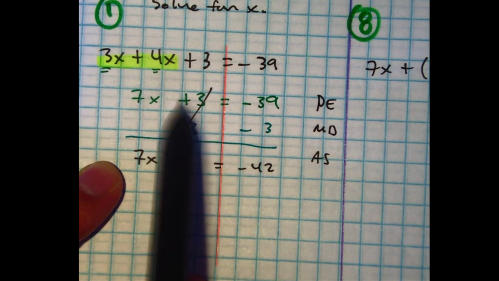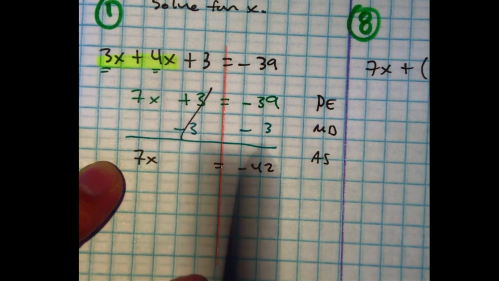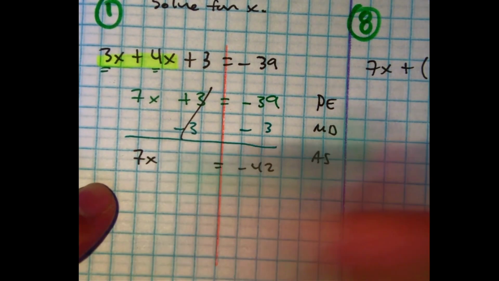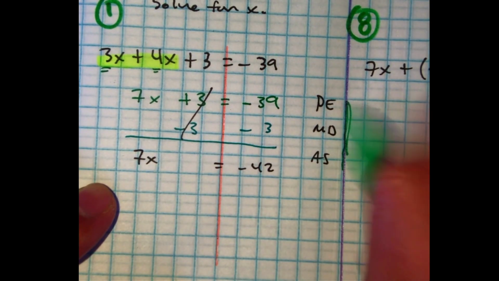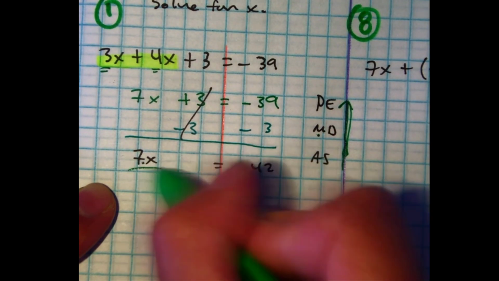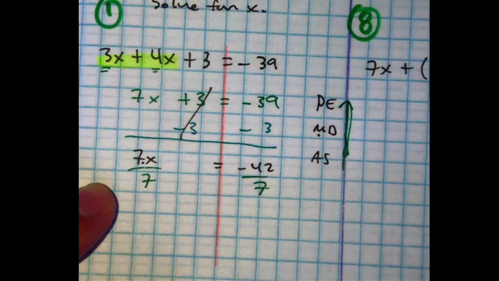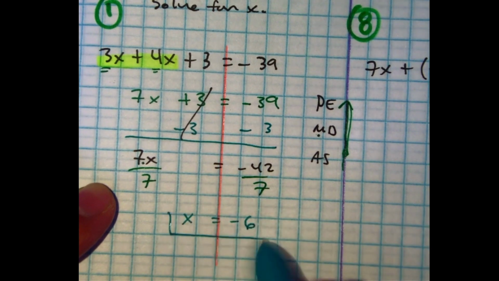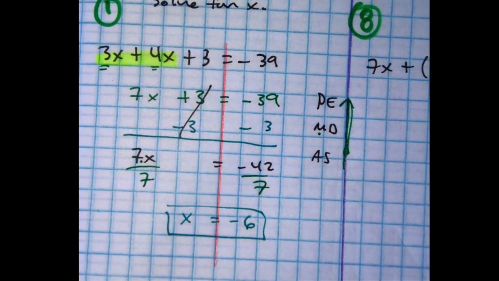And then the adding and subtracting, the opposite of adding and subtracting on both sides. Girls, what should we do next? See, we're going up. Now, opposite of multiplication is division. And girls, the answer is negative 6. Raise your hand if you got that answer.